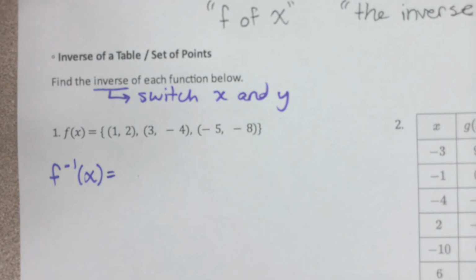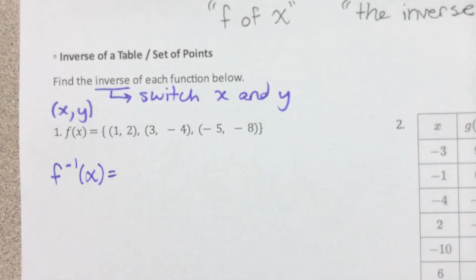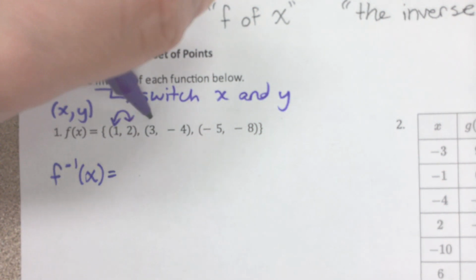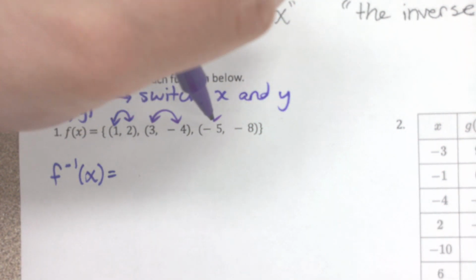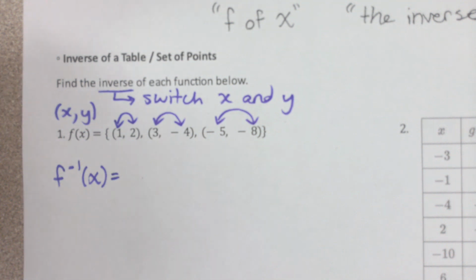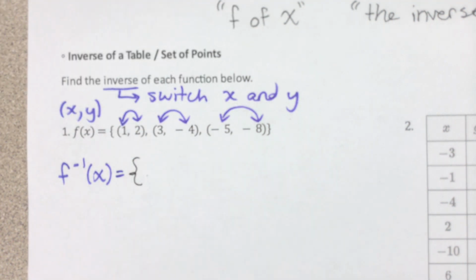All of these points here, you should be well aware, they're all written as x comma y. That's what they represent. So for all 3 of these, we are literally going to switch the numbers in the spots for each point. So the inverse of f, first we have a curly bracket. I'm just copying it from above.